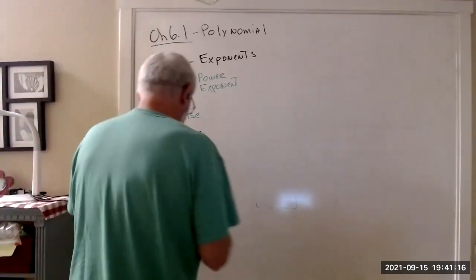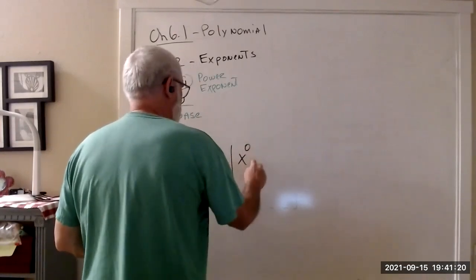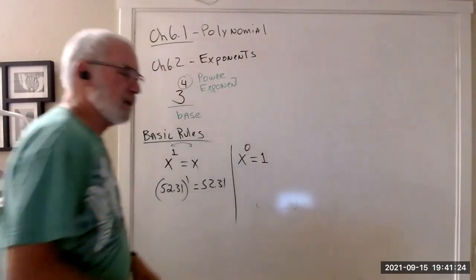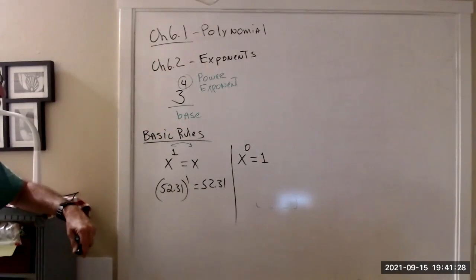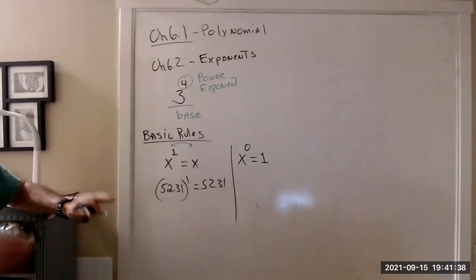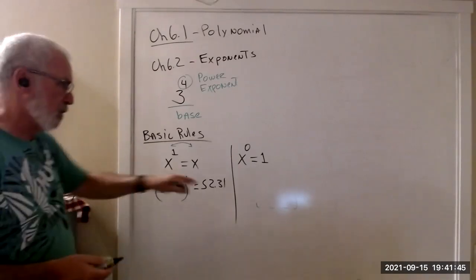Rule number 2, x to the 0 power is 1. With one exception, any number to the 0 power is 1. And again, just hang with me. This is one of those shut up and memorize points. Okay. I'll show you, like I said, probably tomorrow night where this comes from. Any number to the 0 power is 1.